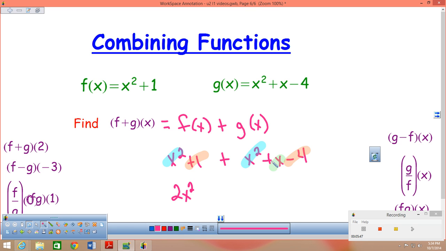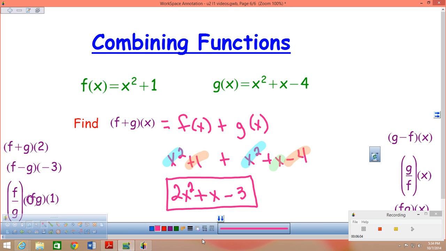That x doesn't have anything to combine with, so that's just plus x. And then 1, positive 1, negative 4 is negative 3, so minus 3. This final answer is 2x squared plus x minus 3.